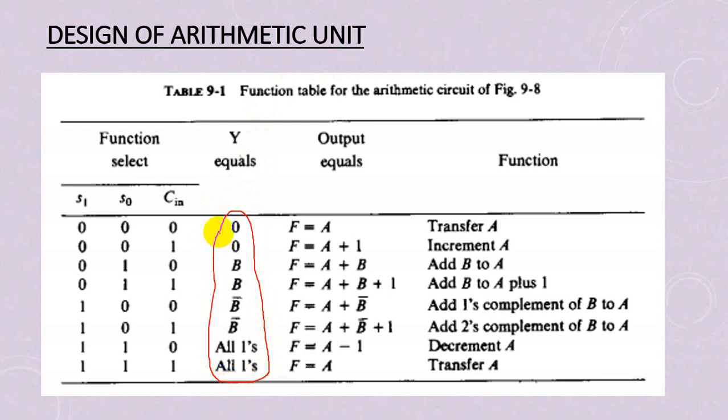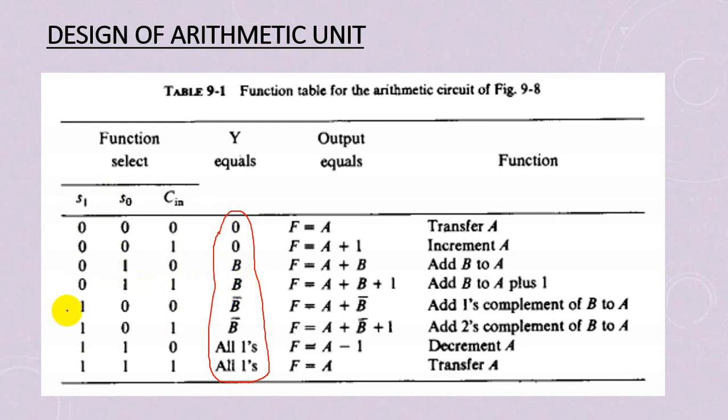Our job in the last class was to design a logic circuit that modifies the input B depending on the selection pins. When the selection pin combination is 0,0,0 and 0,0,1, we modify B to 0. When the combination was 0,1,0 and 0,1,1, we did not modify B, kept as it is.